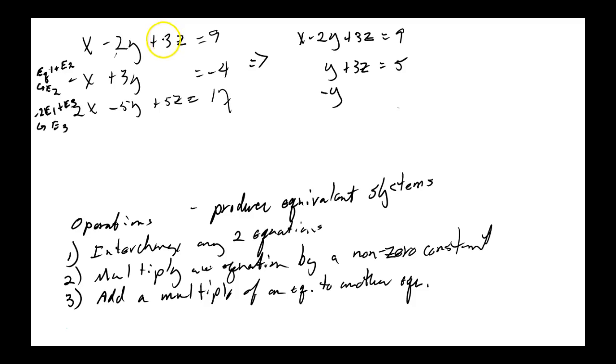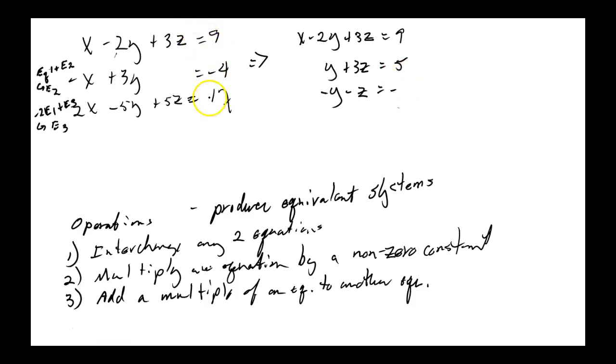Help me. Say again? No, times, multiply. Negative 6z plus 5z would be minus z, minus 1z, and minus 2 times 9 would be negative 18 plus 17.